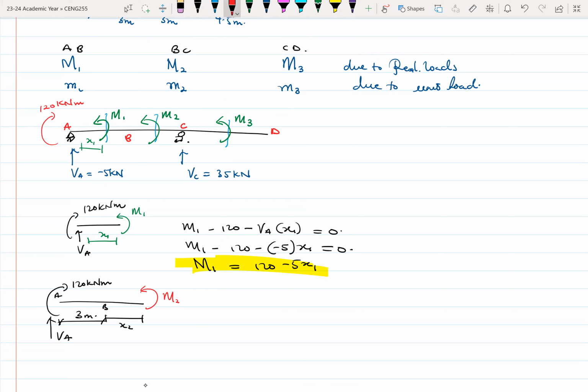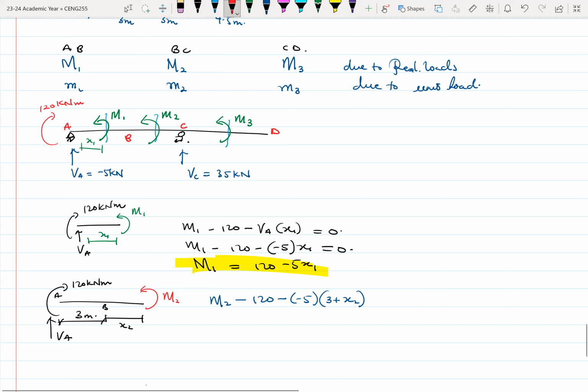So again, let me write the equation first. M2 minus 120 minus, in brackets, minus 5, which is the VA, times 3 plus X2.